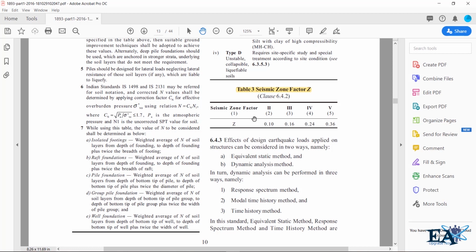If your building is located in zone 2, the factor is 0.10, and if your building is located in zone 3, the factor is 0.16, and if your building is located in zone 4, it is 0.24, and if your building is located in zone 5, the factor is 0.36.